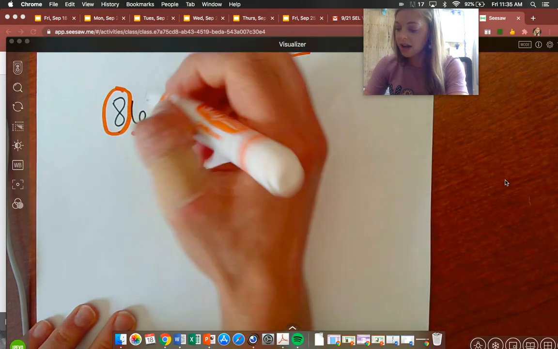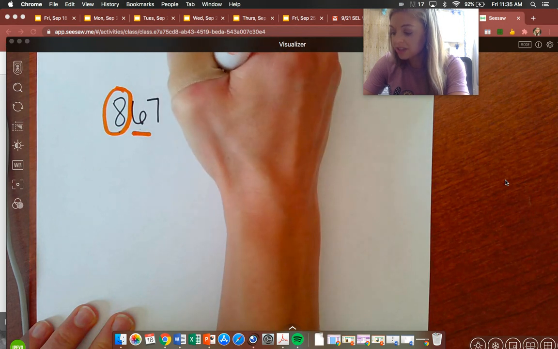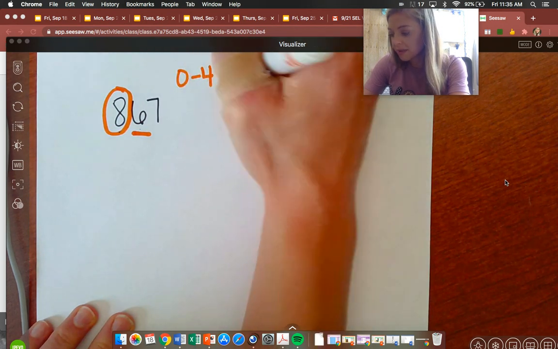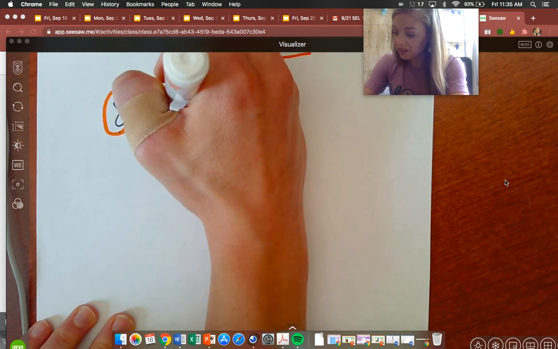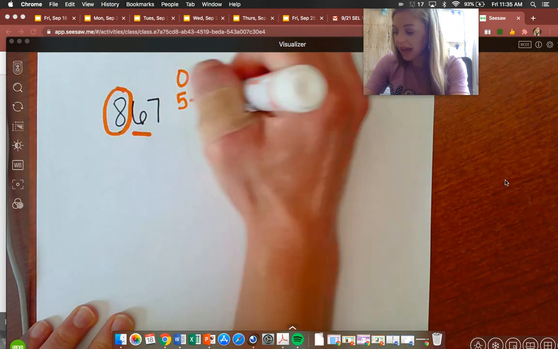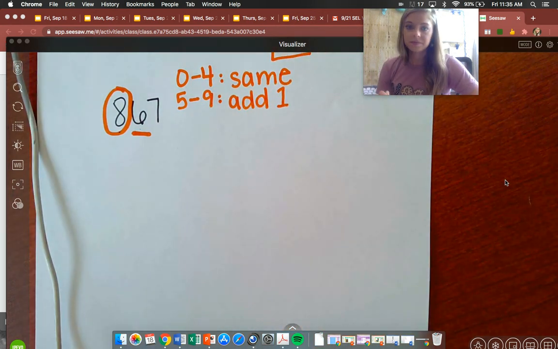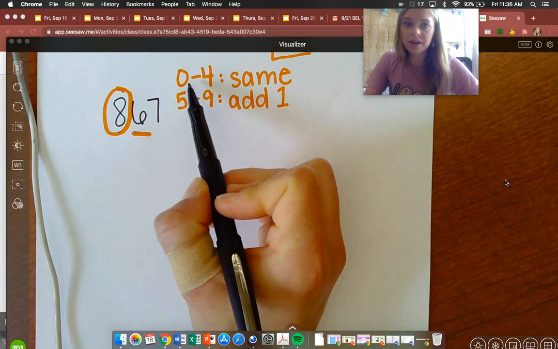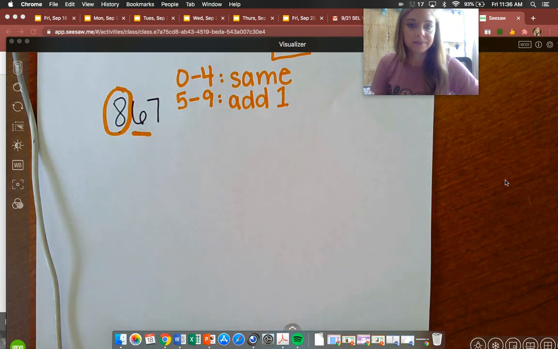Now remember, if the underlined number is 0 through 4, the circle stays the same. And then if this underlined number is 5 through 9, we add 1 to the circled number. So is the number 6 in between 0 and 4 on a number line, or is it in between 5 through 9 on a number line?